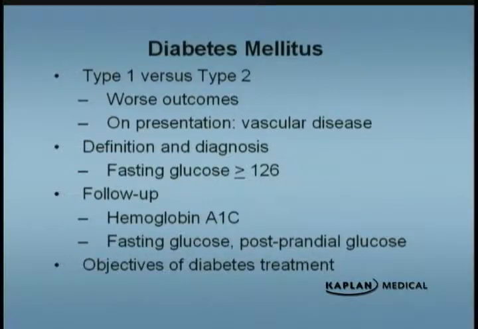I also sometimes will ask patients to give me a postprandial glucose. This is a good way of assessing what happens also throughout the day. So I don't want this to go above 200 after meals. I don't want my fasting glucose to be over 126.